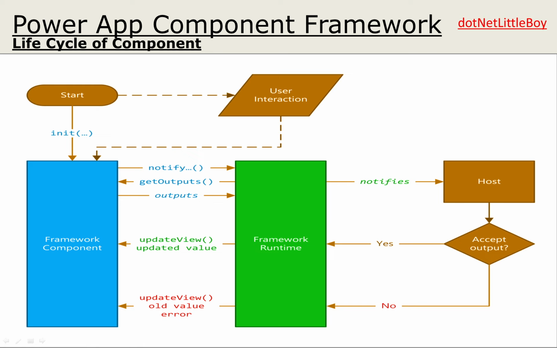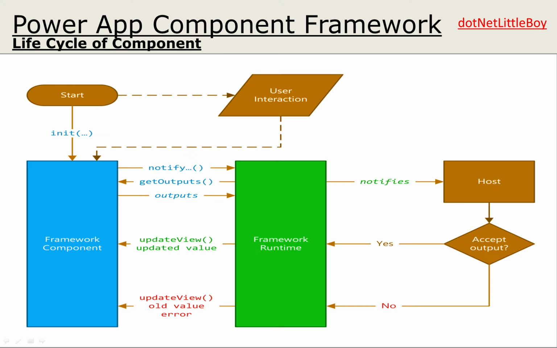Suppose it is a number type and you are entering a string, so it will not accept that value. In that case, it will return the error. Those validations will happen at the CRM or the Power App server side. Once it accepts the output that was entered into the value, it will update the framework and tell it that you can render the value to the component.